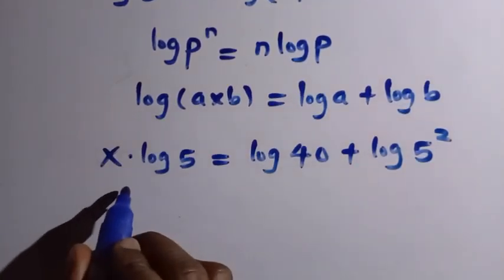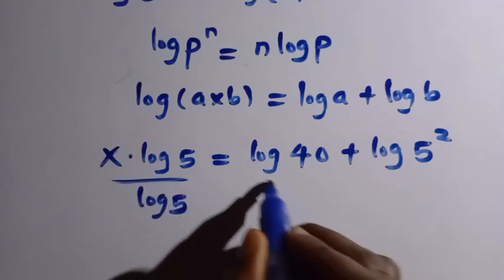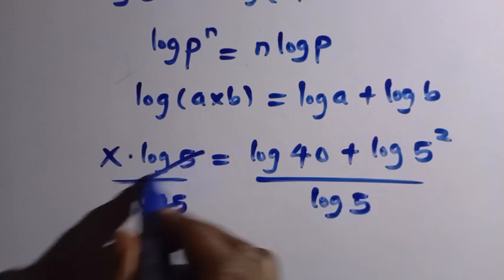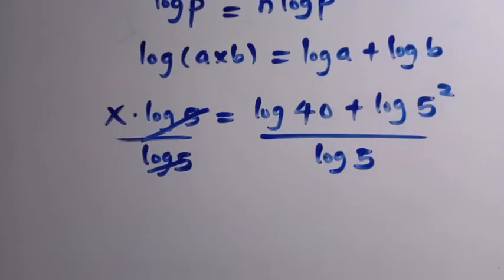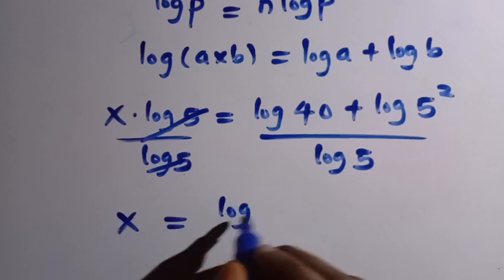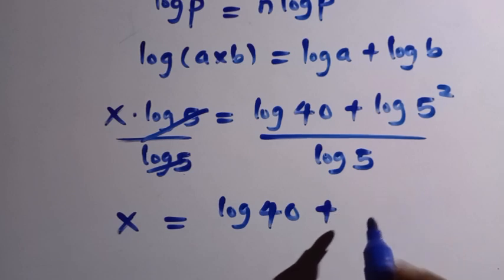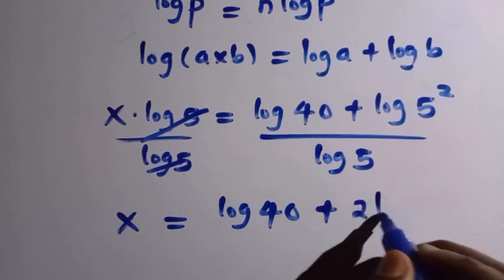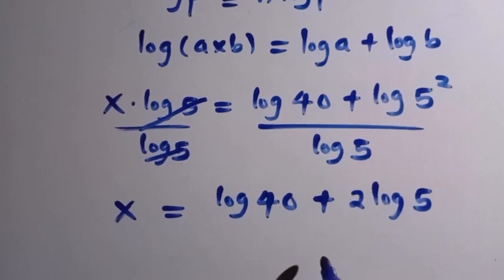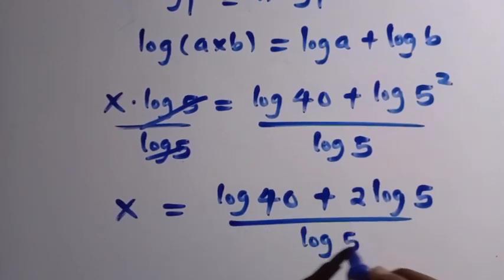Then let's say we divide both sides by log 5. On both sides, log 5 cancels log 5. So then our x here equals log 40 plus log 5 to the power 2, you can also call it 2 log 5, from the rule I applied above, divided by log 5.